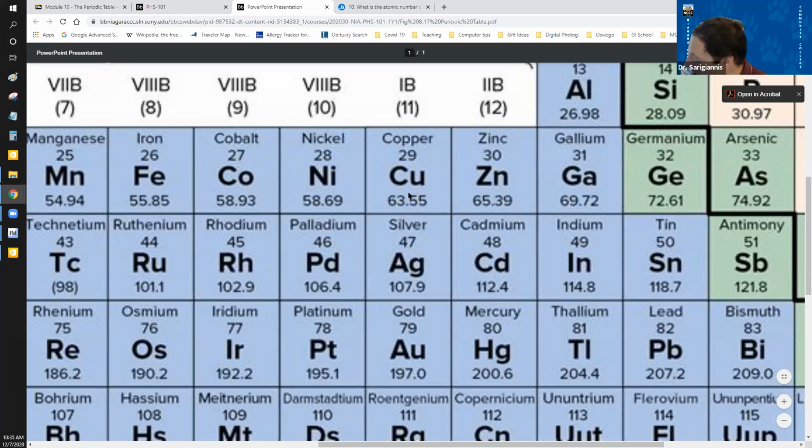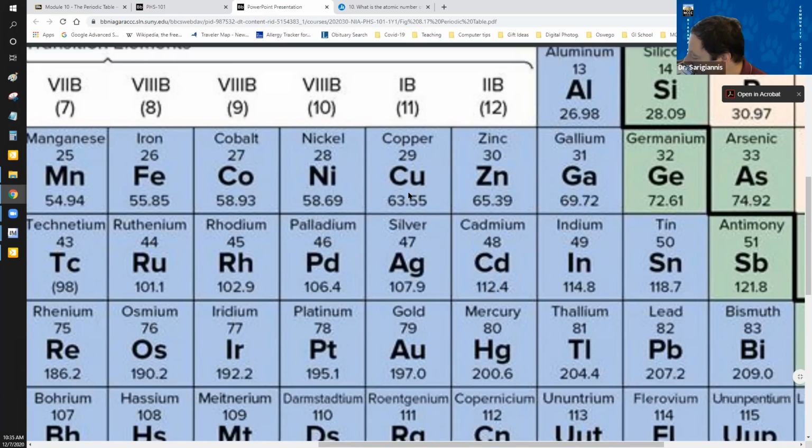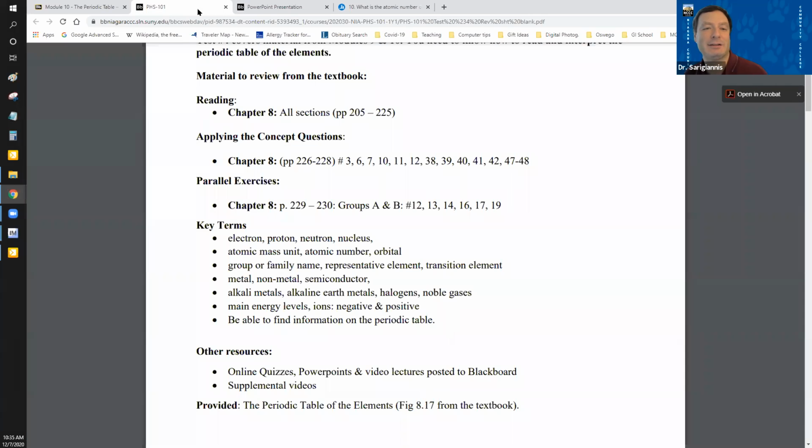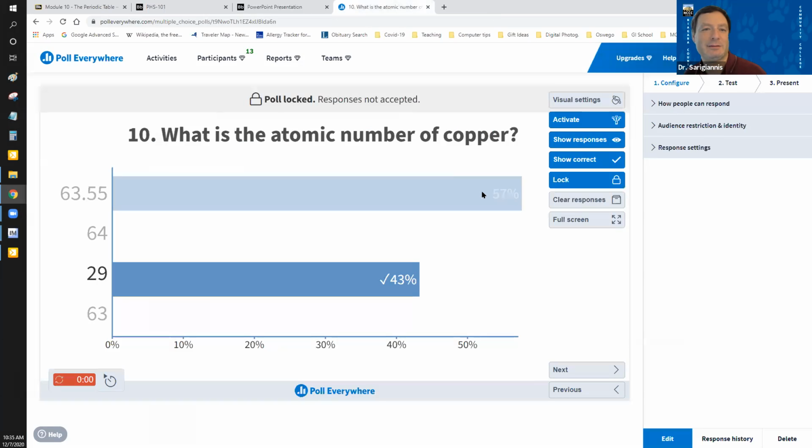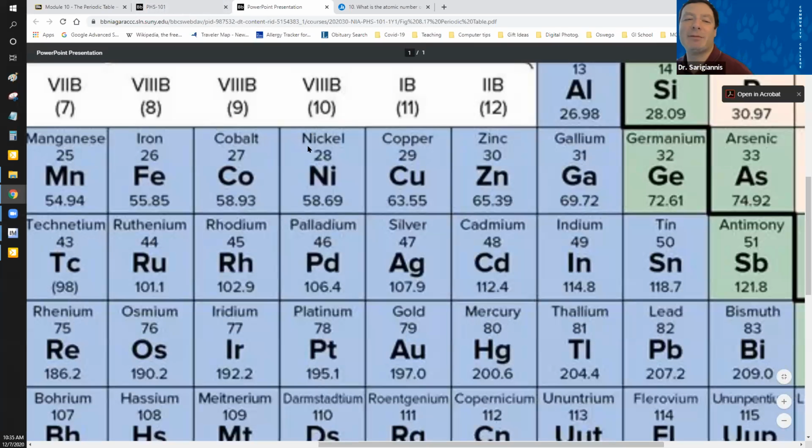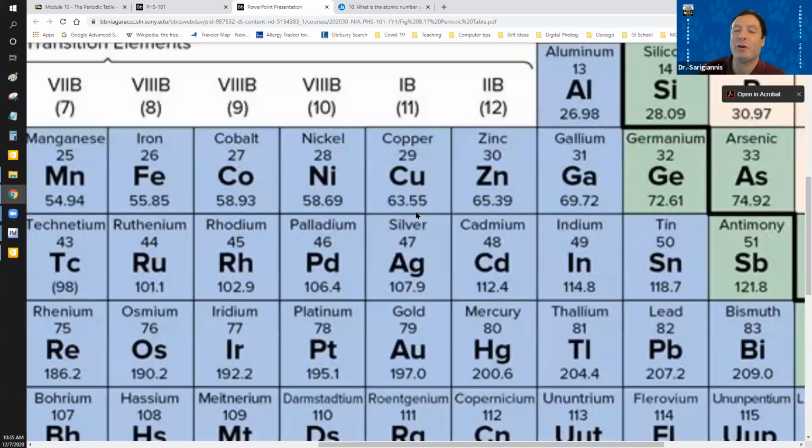The atomic mass. Oh, wait, which question did I ask here? Oh, atomic number. Okay. Yes, the atomic weight of copper is a statistical average of all the naturally occurring isotopes of the element out there.